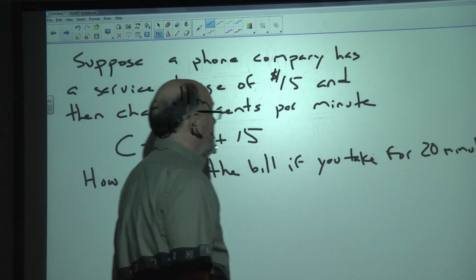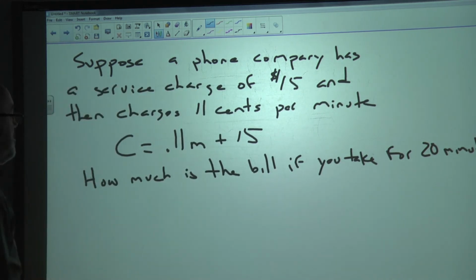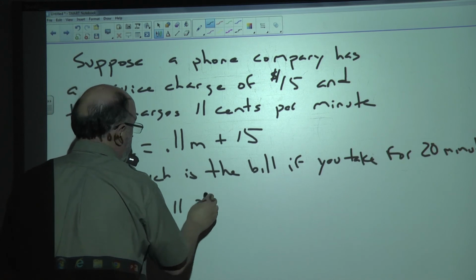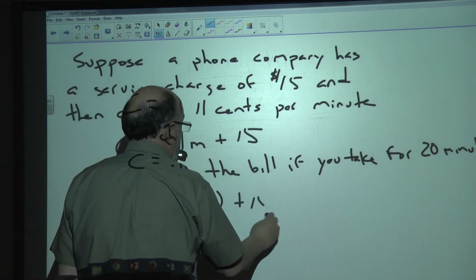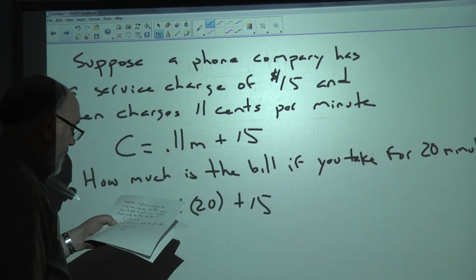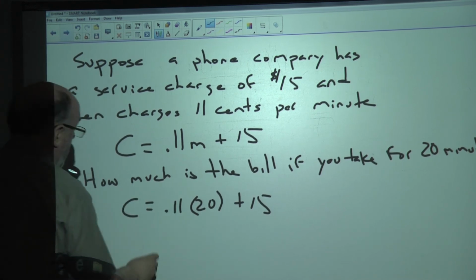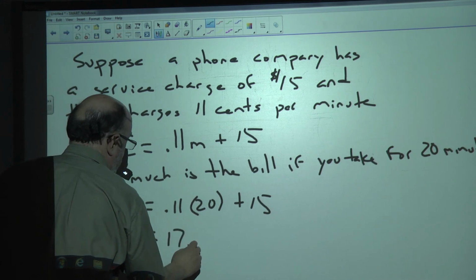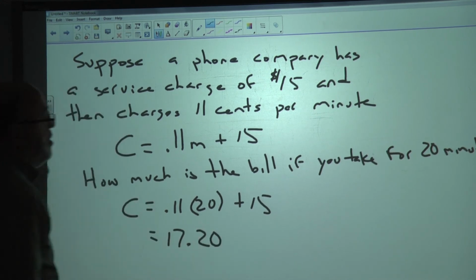So we have our equation. We now know that it's 20 minutes, and so the cost is going to be 0.11 times 20 plus 15. And so you plug that in, and the cost will be $17.20.